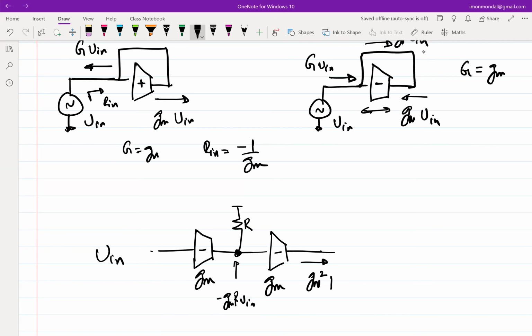Gm square R in, and connected in this format, right? So what is the current that you are pushing in now? Gm square V in, and Gm square V in times R in, right? Gm square R in times V in.